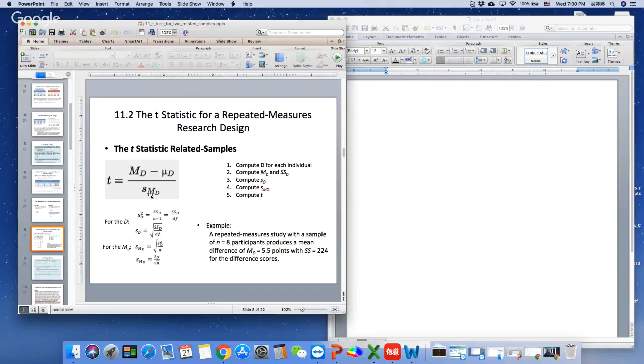SMD means the standard error of the mean difference. We use this formula: first, we compute the variance of the D, and then we compute the standard error of the MD, which is SMD. We follow these steps, and then we can compute the t-value.